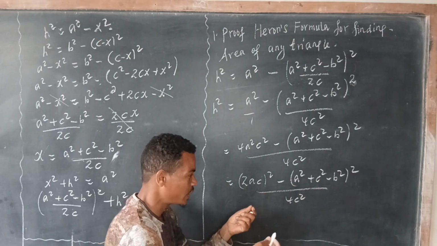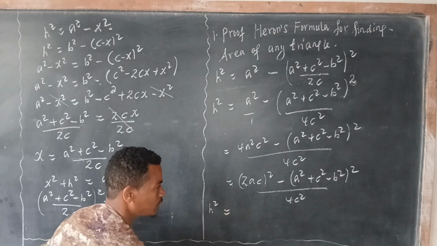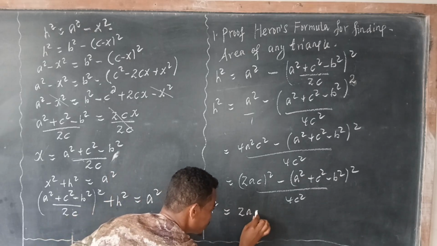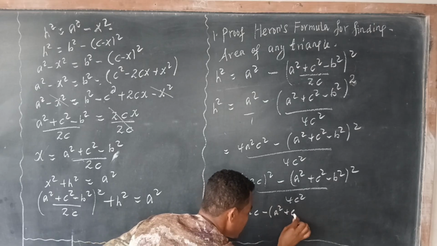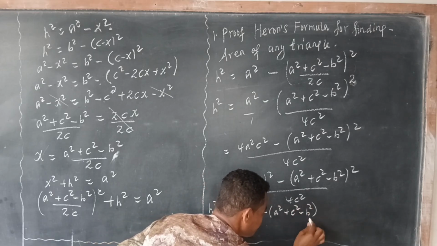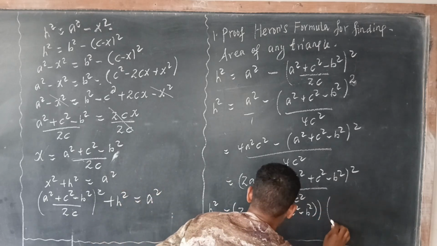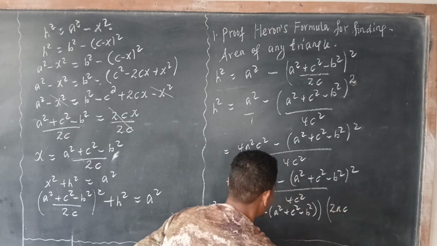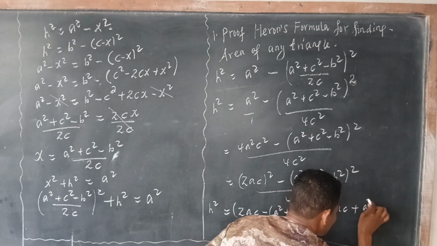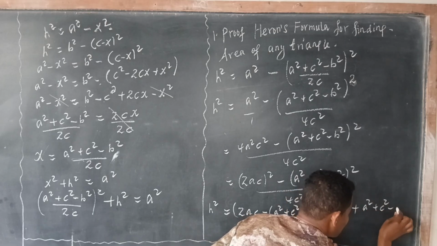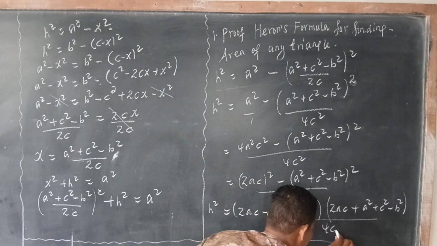Since a square minus b square can be written as (a minus b)(a plus b), h square is equal to (2ac minus (a square plus c square minus b square)) and again (2ac plus (a square plus c square minus b square)) over 4c square.